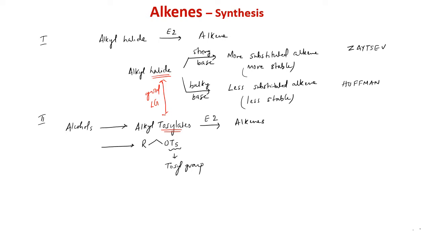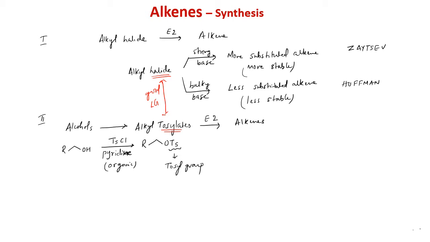So a tosylate like this can be synthesized from the corresponding alcohol by reacting it with tosyl chloride and a base, for example, pyridine. The bases that are used are usually organic bases, like pyridine, so we won't use something like sodium hydroxide for this reaction.